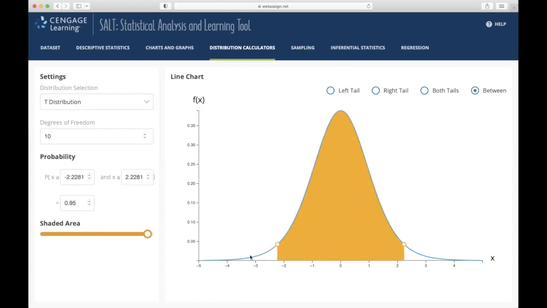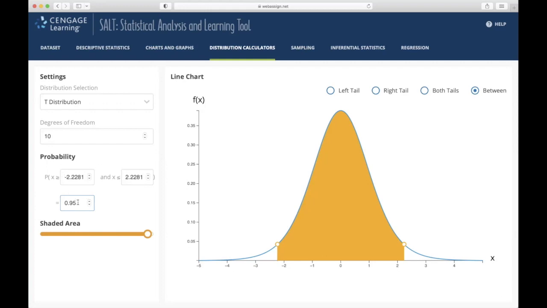Because when we do it this way, 0.95 is in the middle, and we want to find what's out on the tails. In this case, using SALT, you can actually use this between option, and we can find the exact critical values here, right?